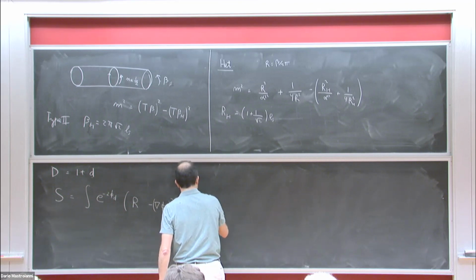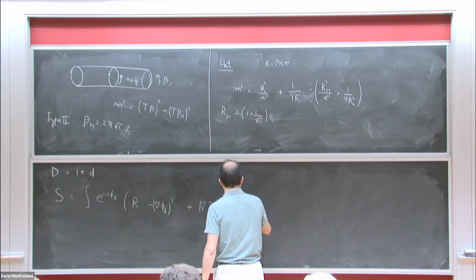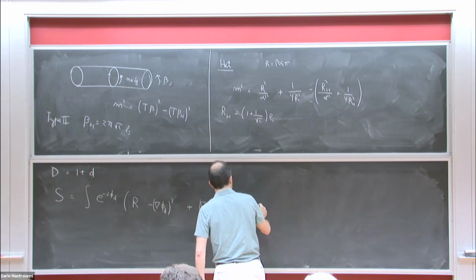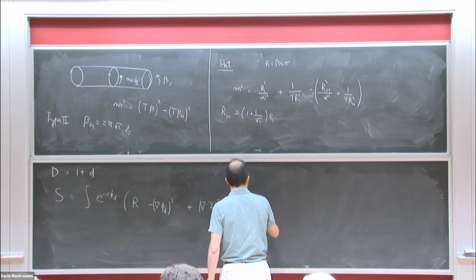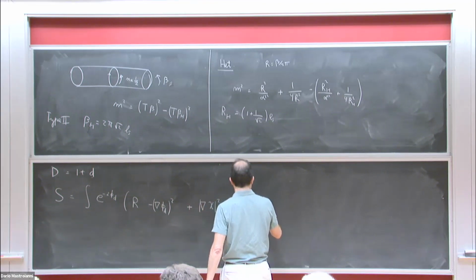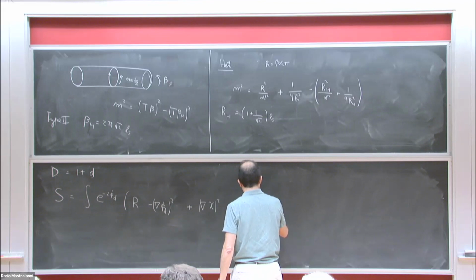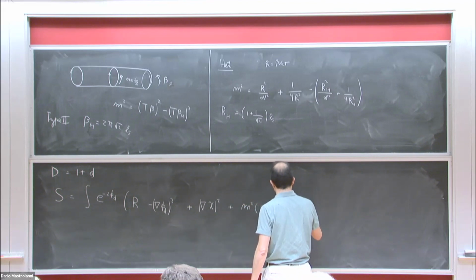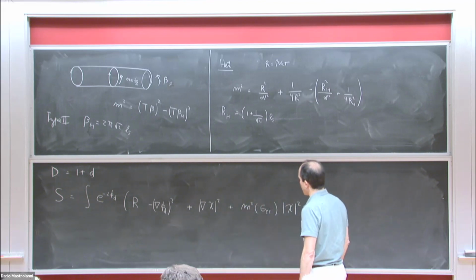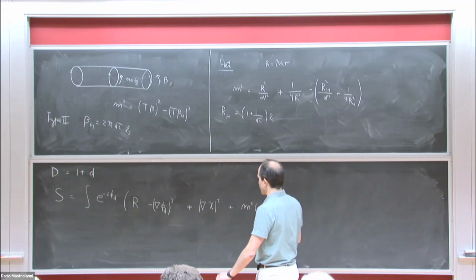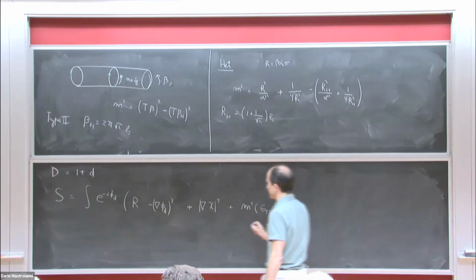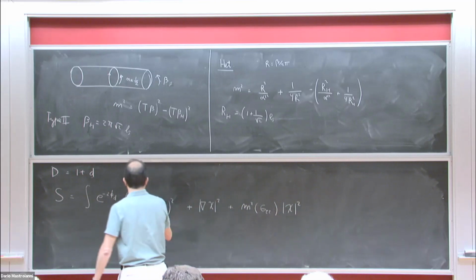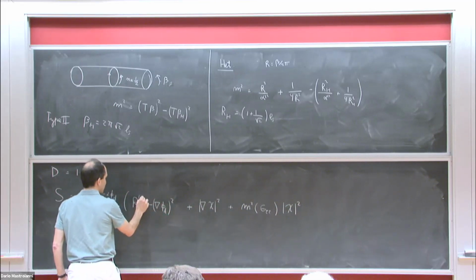So there's a term gradient of chi squared, and it will have some mass squared, and the mass squared will depend on the radius of the internal dimension. So it will depend on the value of the metric in the Euclidean time direction times chi squared. And in addition, we also have the d-dimensional curvature.